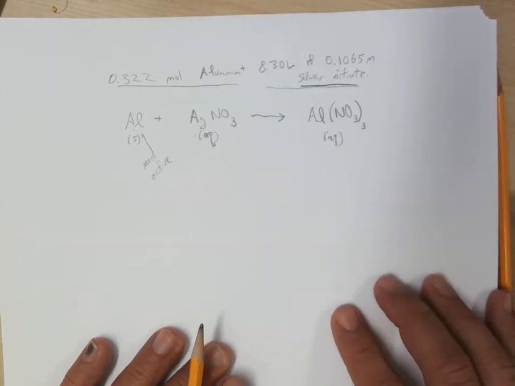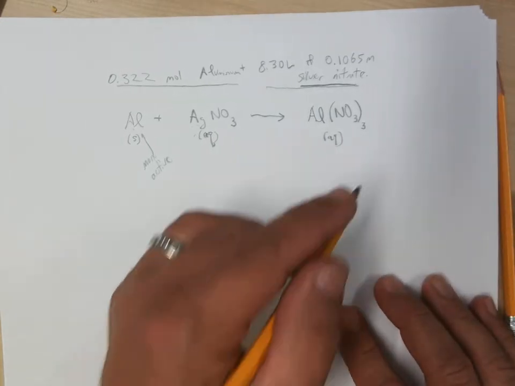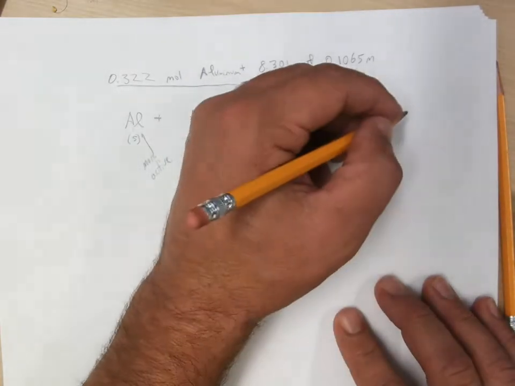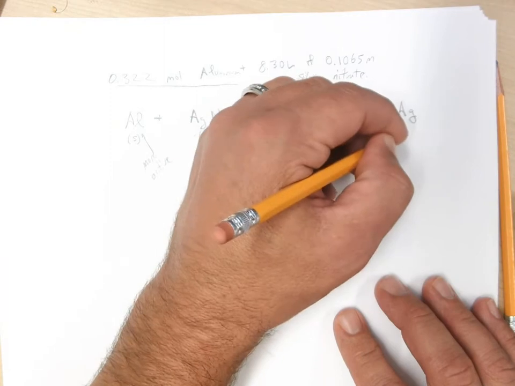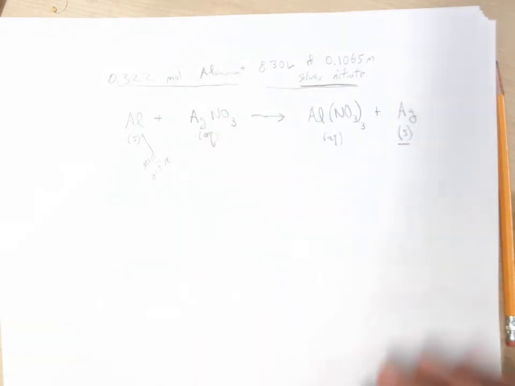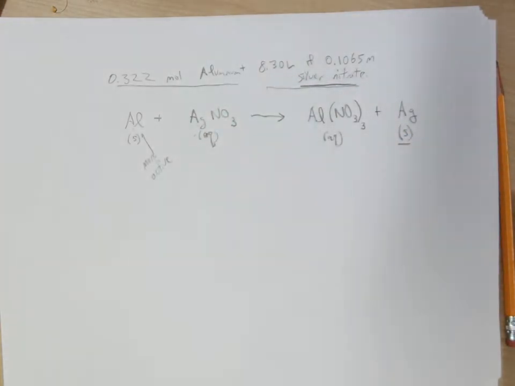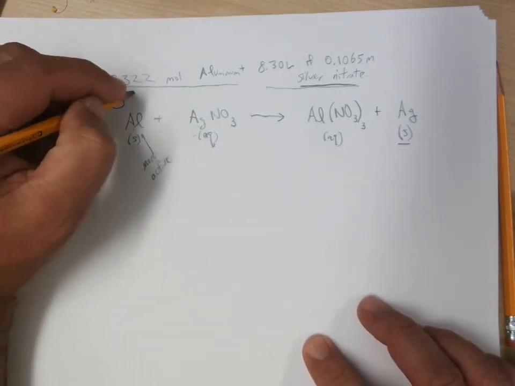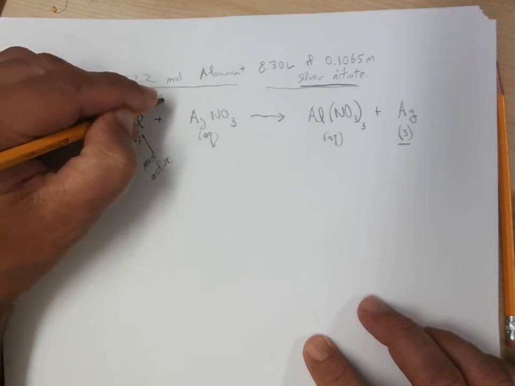And that is going to be soluble because all nitrates are soluble. And then when the silver gets displaced, that'll make the pure metal silver, which will plate out as a beautiful, shiny substance.